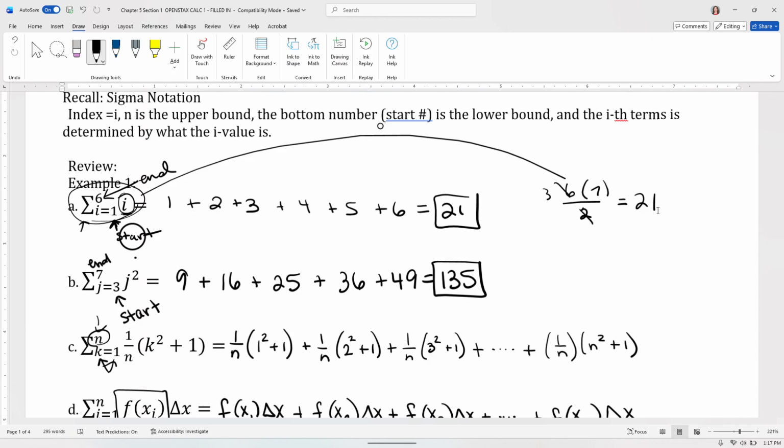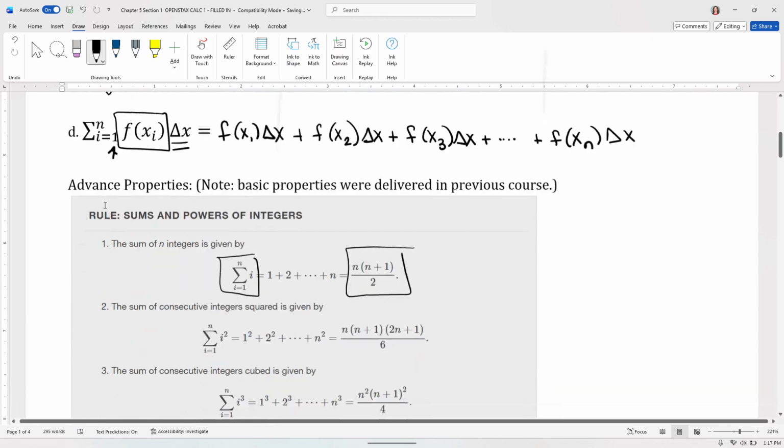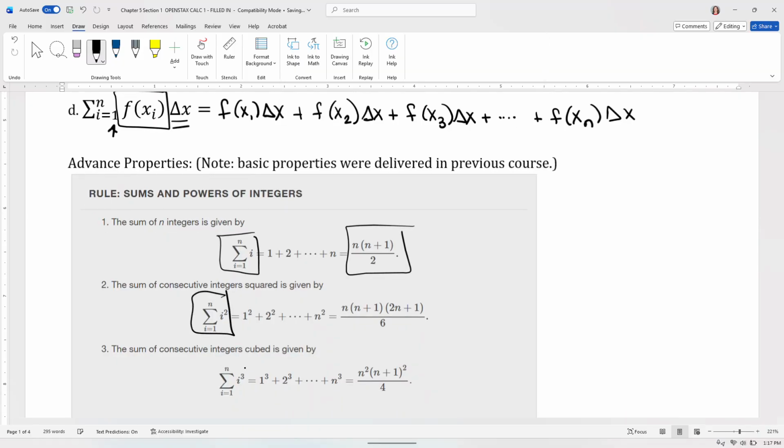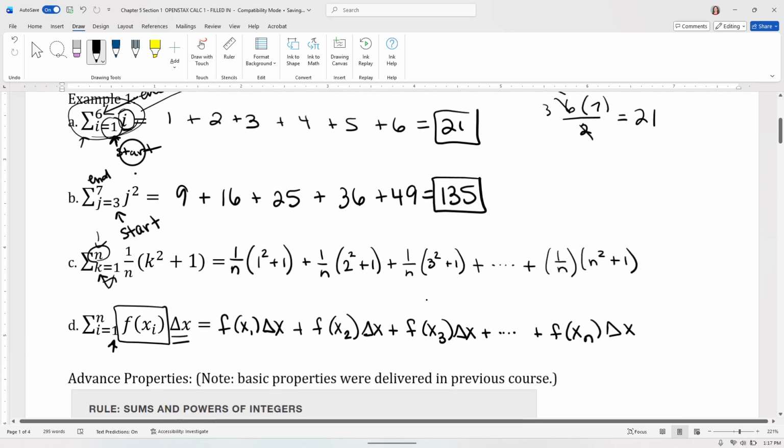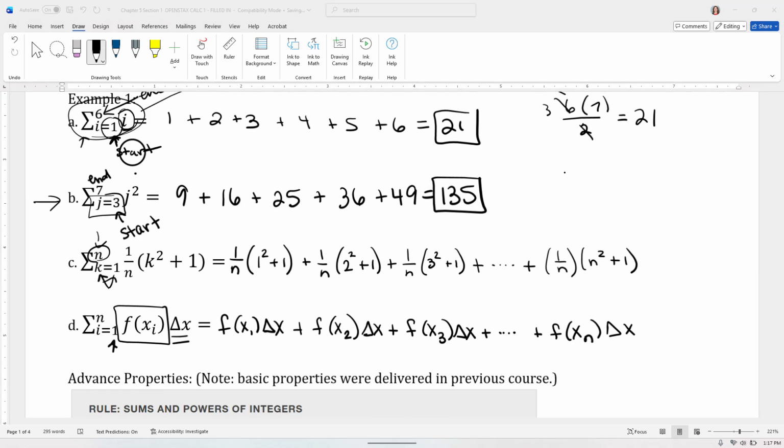Okay. Now, notice that this started with 1, and these all start with 1. So this one right here, I can't use for B because this didn't start with a 1. However, I could have done it where J started with a 1, we did the 7.